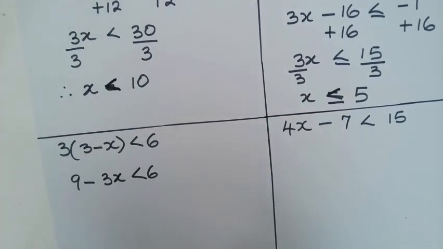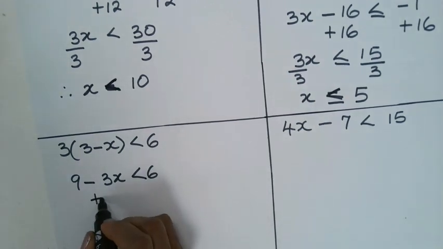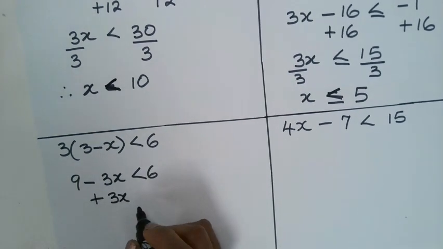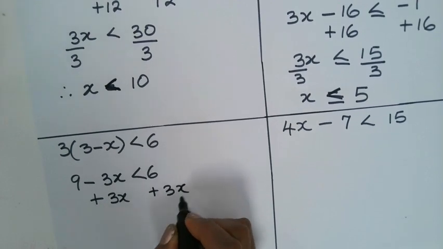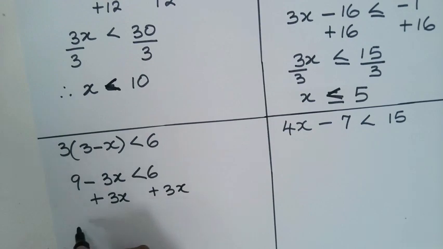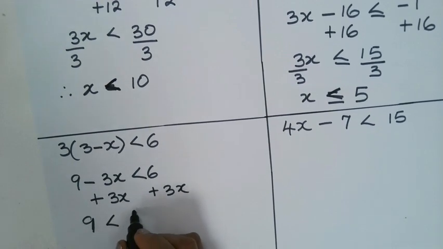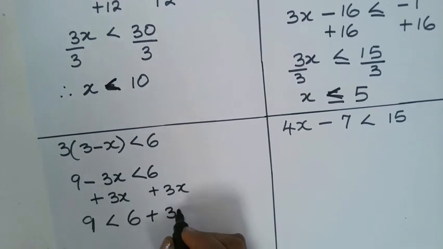So we know that the unknown has a coefficient of minus 3, so now we're going to add 3x to both sides of the inequality. So if I add 3x, add 3x, so that will be 9 is less than 6 plus 3x.